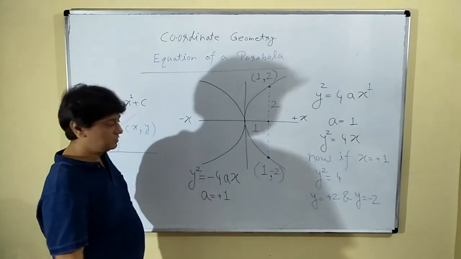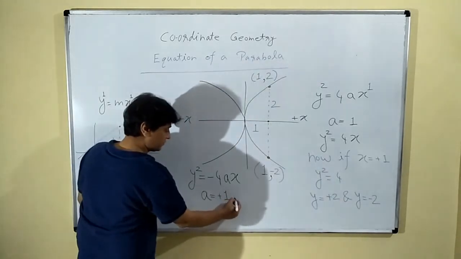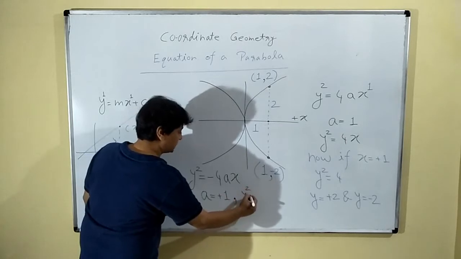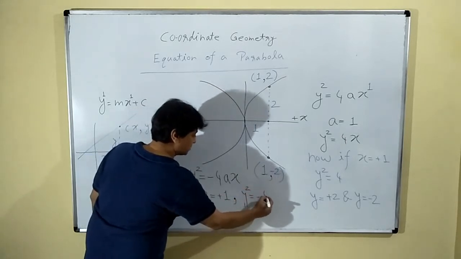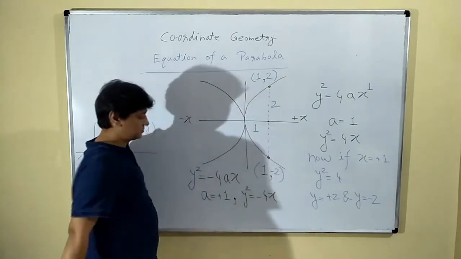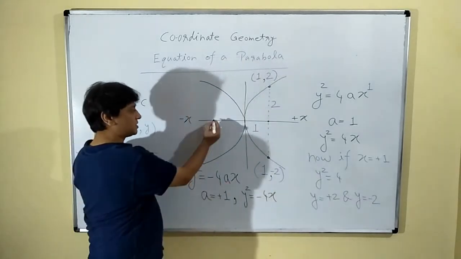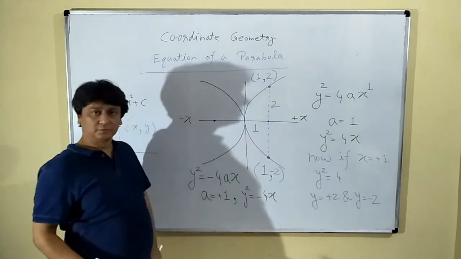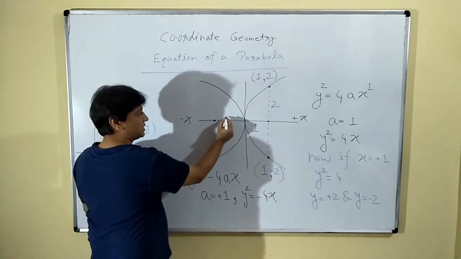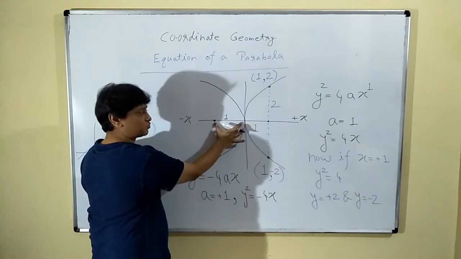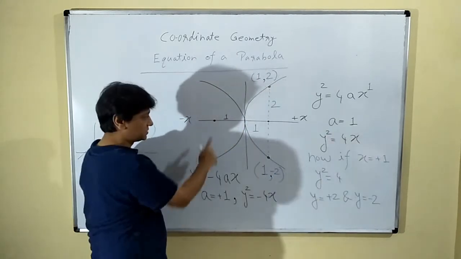If a is plus 1, this equation gives you y square equals to minus of 4x. Now, somebody at this position, this distance is 1. I said distance.